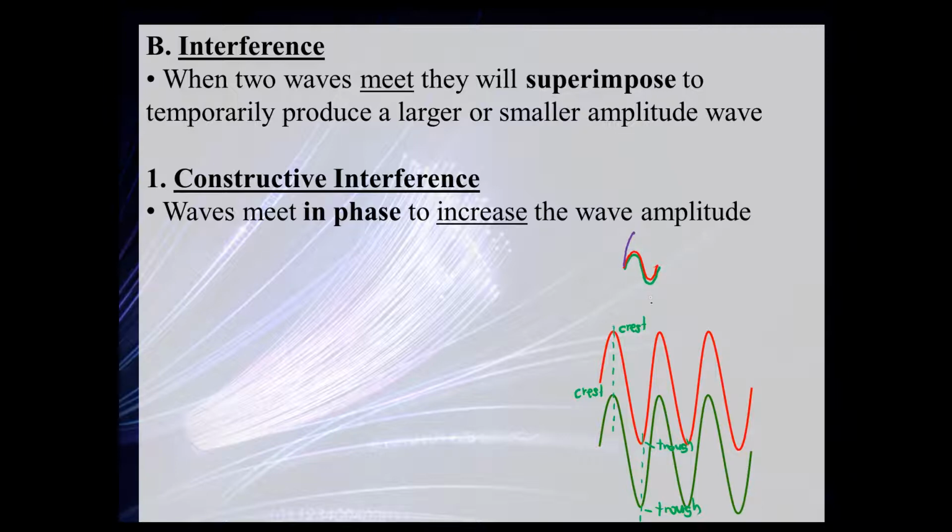And then trough plus trough would give you a really big trough. So I'd probably expect to see something along the lines of this wave here. The purple wave would be the superimposed wave. So what's happened is I took these two waves and they met together, and the superposition resulted in a larger amplitude wave.